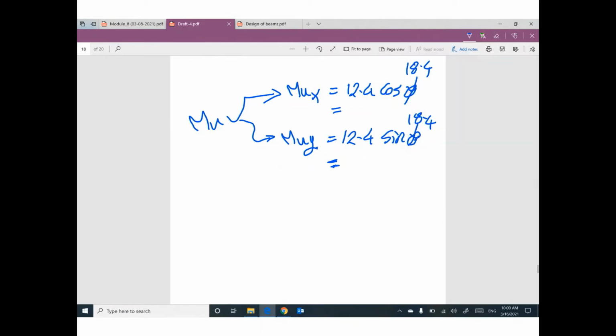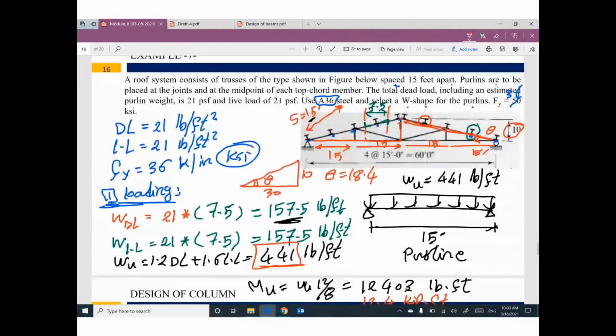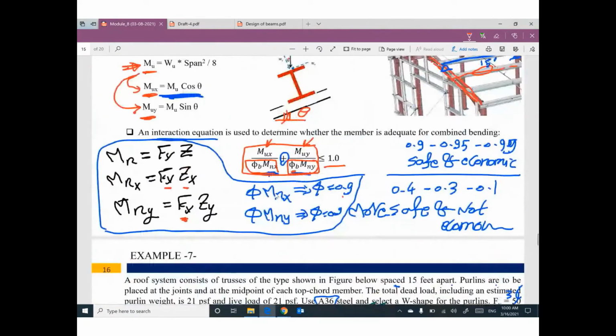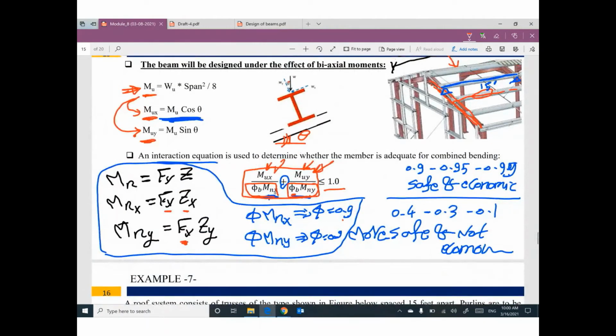So the final values for M ultimate X will be 11.7 kip foot, and M ultimate Y 3.9 kip foot. So right now, I am done with the numerator, M ultimate X, M ultimate Y. Piece of cake.